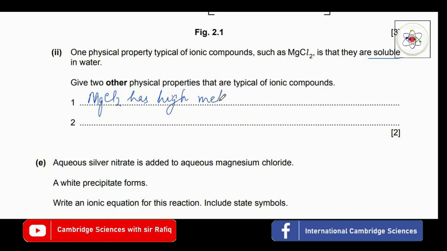Why? Because it is an ionic compound, and you know that melting and boiling point refers to the structure of the ionic compound, and that is a giant ionic lattice. All right.